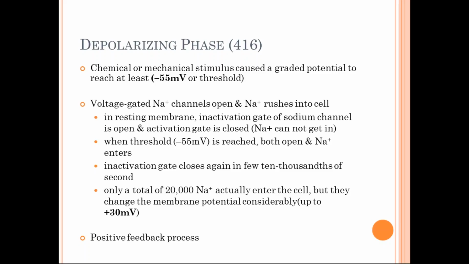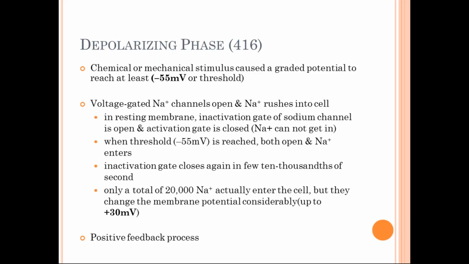When sodium rushes in, 20,000 sodium enter the cell, and they change the membrane potential up to 30. That's what your action potential is. Remember I told you that a long time ago. A nerve impulse is just sodium entering your cell.